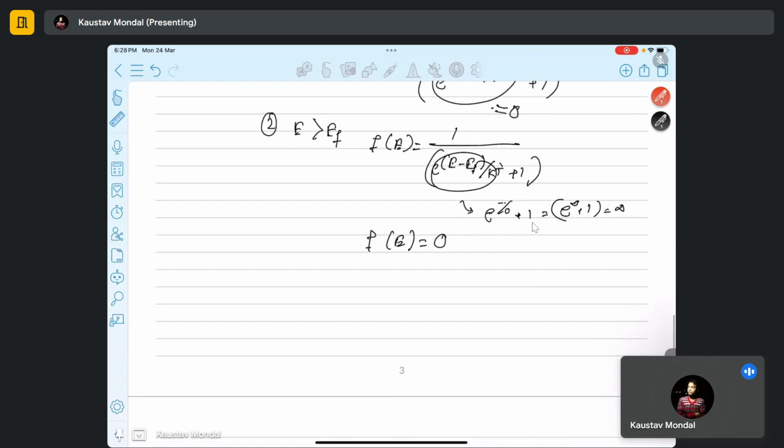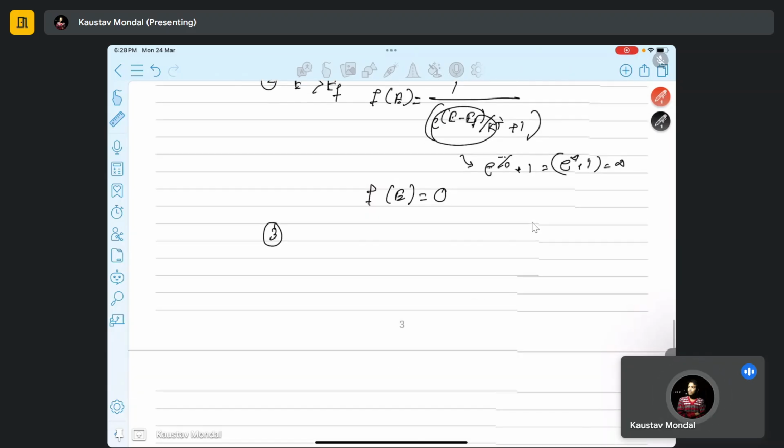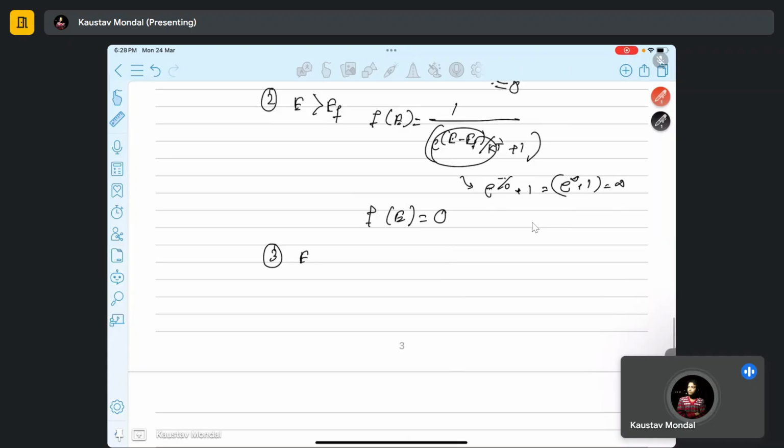Now the third case, like in the problem, if E is equal to E_F, then what happens?